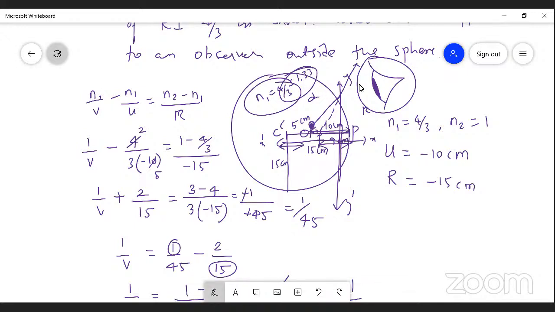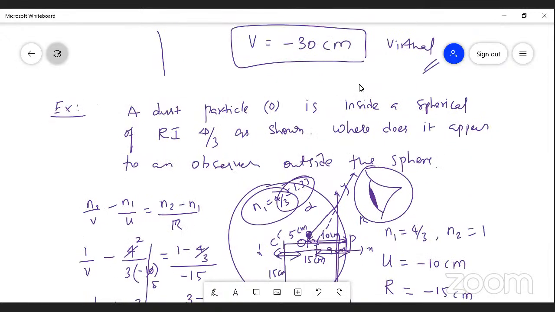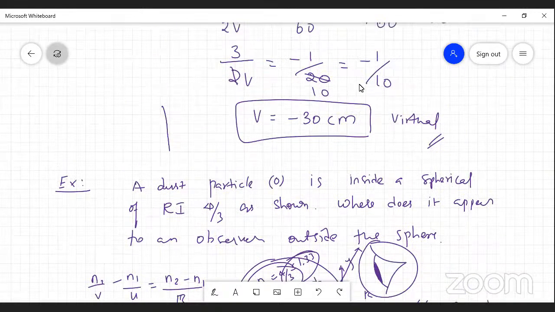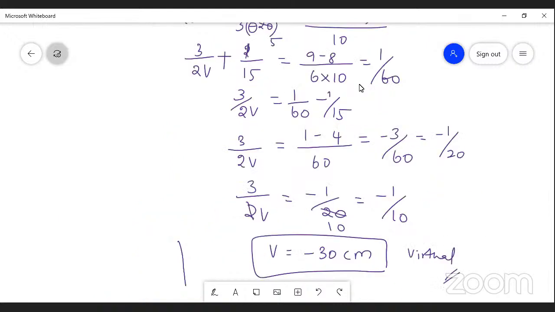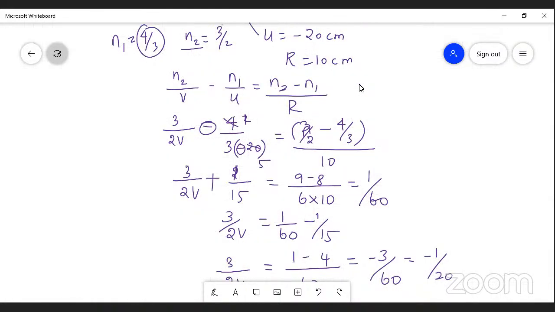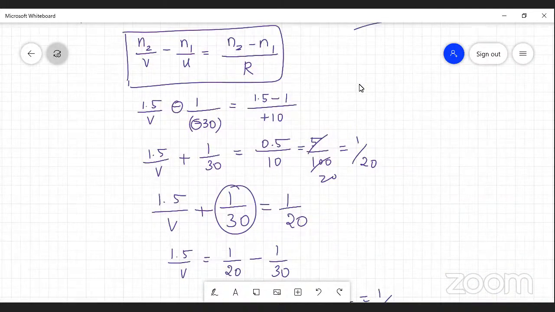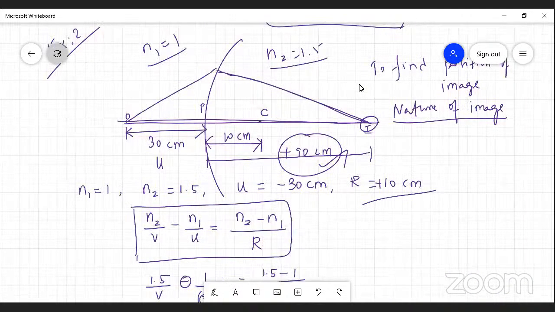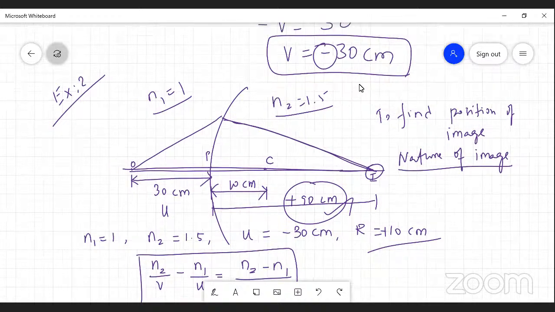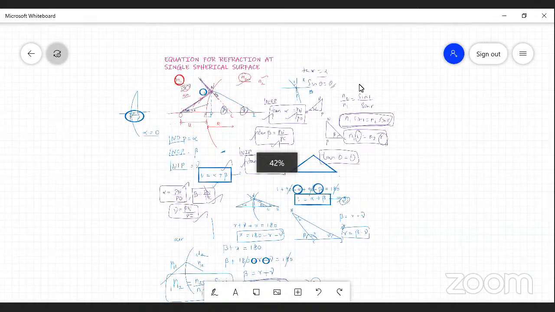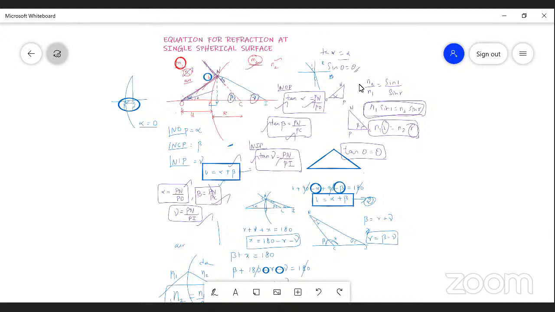This is completed. Once again, the equation for refraction. I'll give you one more explanation. See this equation for refraction at a single spherical surface.